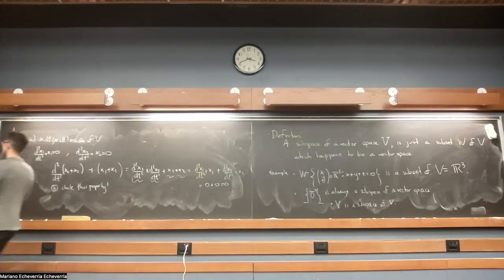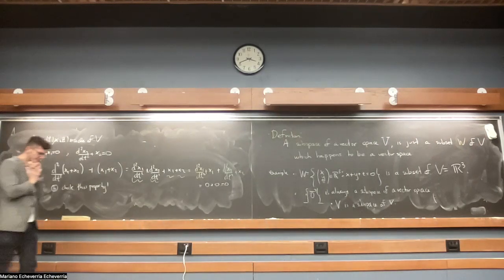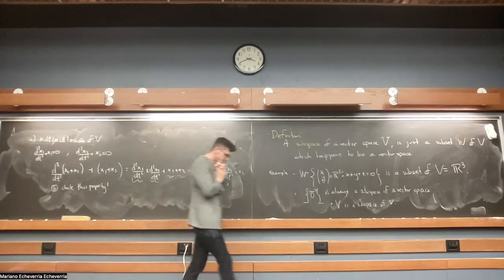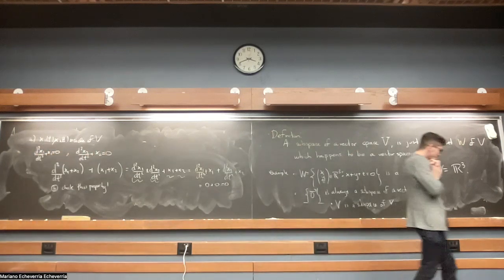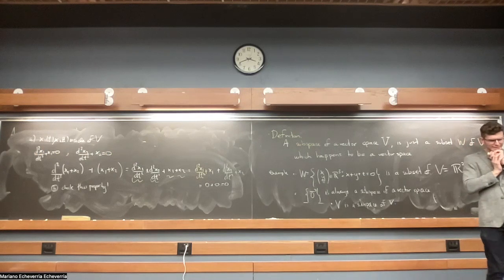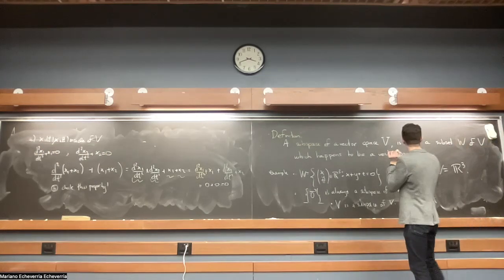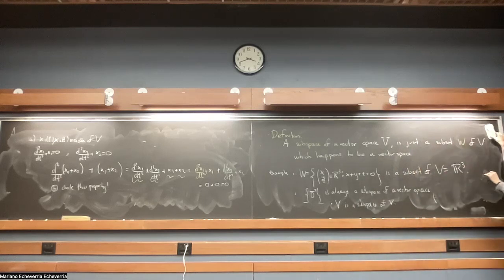Let's see, I'm trying to check how to introduce this. Okay, so now we come to one of these confusing, I mean, very important concepts, which is called a basis for a vector space.